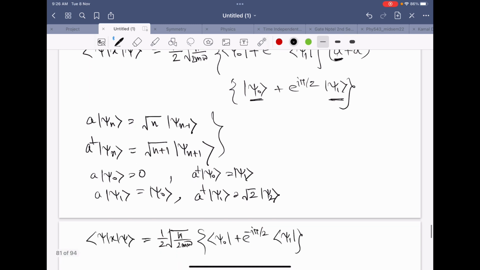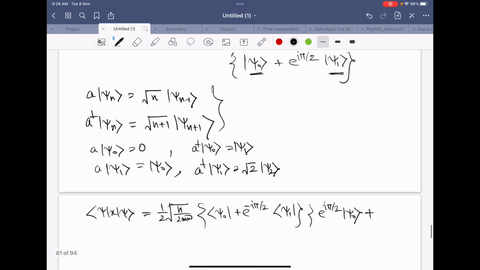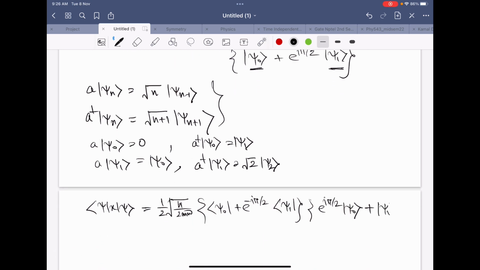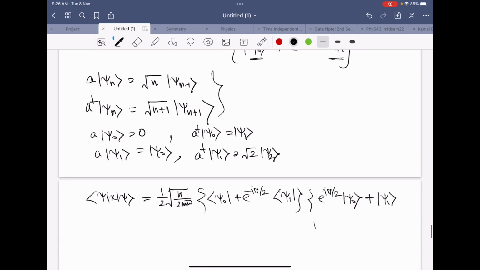So here we will have e to the power i pi by 2 psi 0, plus A dagger acting on psi 0 gives psi 1, plus A dagger acting on psi 1 gives e to the power i pi by 2 root 2 psi 2. Yes, root 2 is also there.